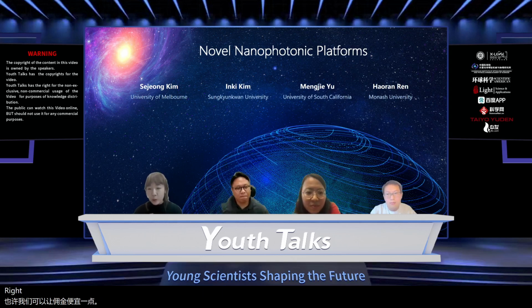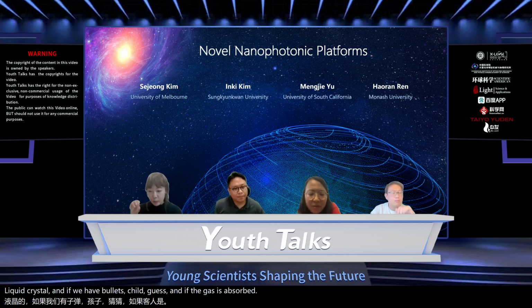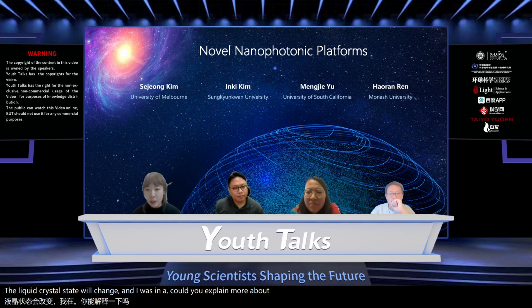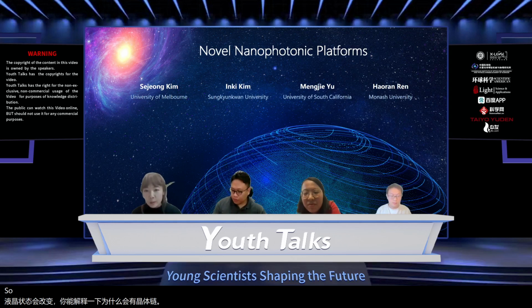Right, and I also had a question regarding the mechanism of this sensor. So you have liquid crystal, and if you have volatile gas, and the gas is absorbed, the liquid crystal state will change. Could you explain more about why the liquid crystal changes? So the gas just breaks the ordering of the liquid crystal.